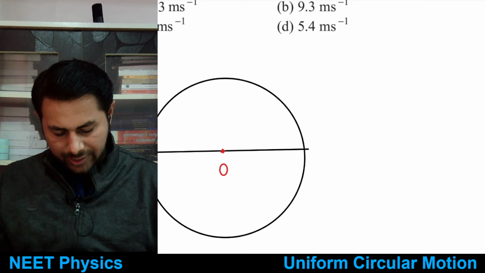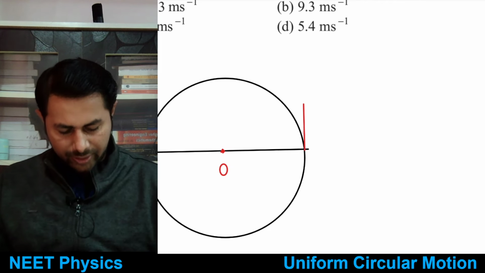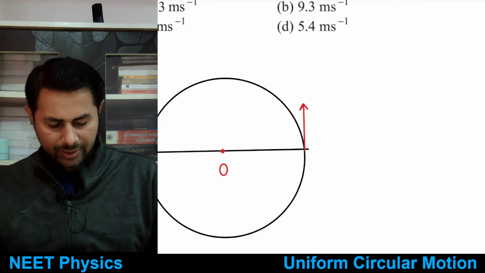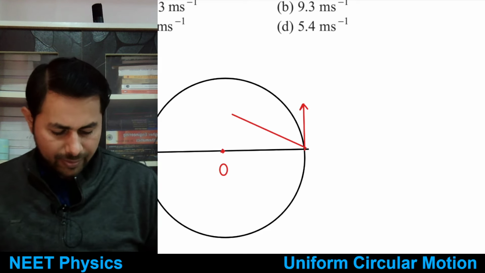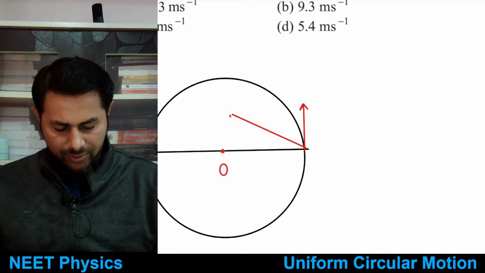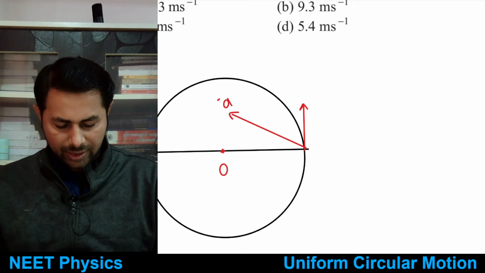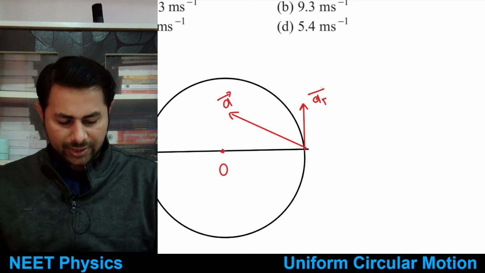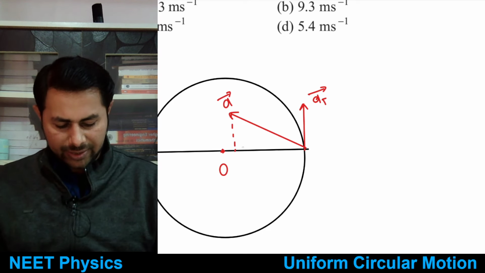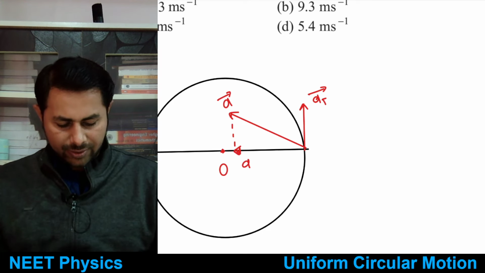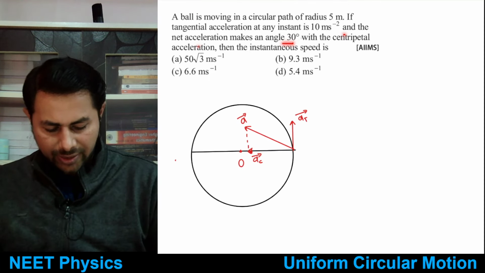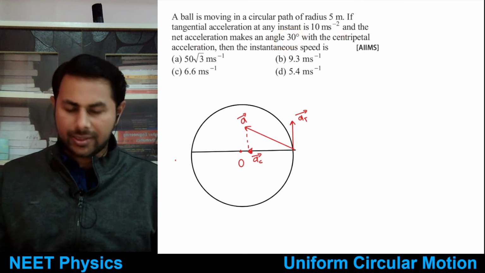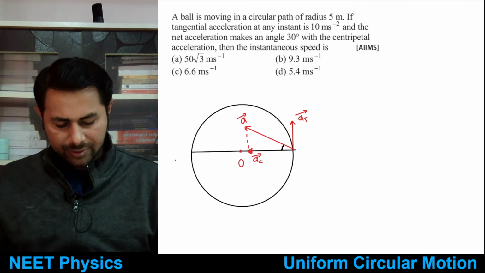Let me reduce the tangential because I want this angle to be 30 degrees. So this is net acceleration, a bar, this is tangential acceleration, and this is centripetal acceleration. It makes an angle of 30 degrees with the centripetal acceleration. So this is 30 degrees.